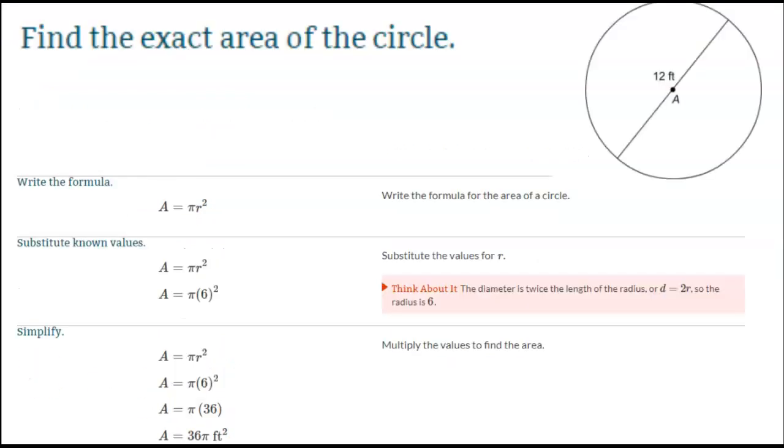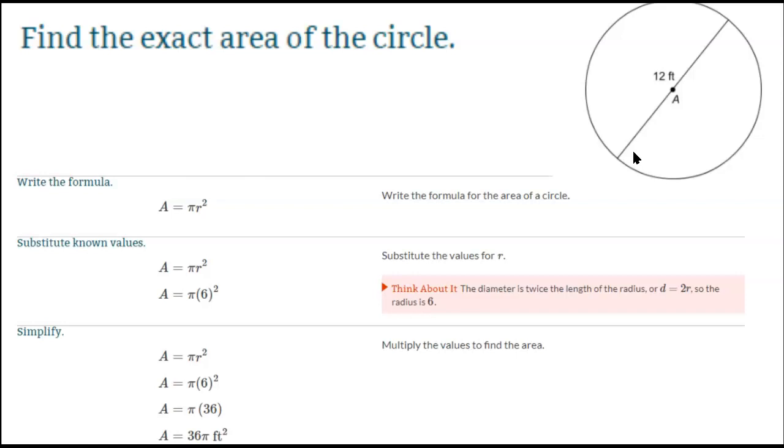314. Here we're going to find the exact area of a circle. Remember, exact area, or in terms of pi, means that we're going to keep the pi symbol. So area equals pi times radius squared. Notice that they did not give us the radius. They gave us the diameter.